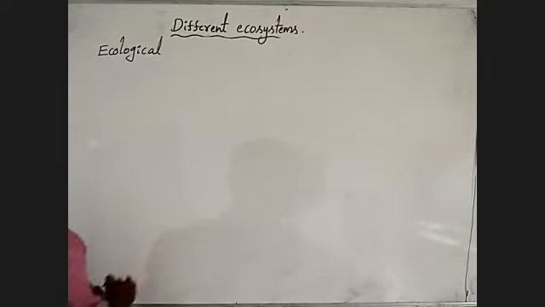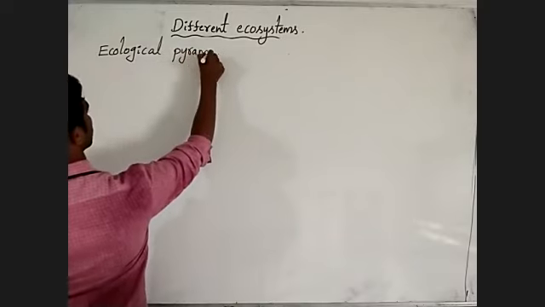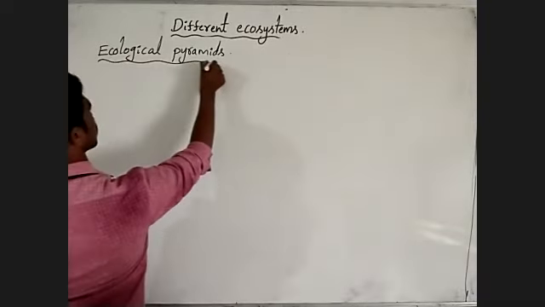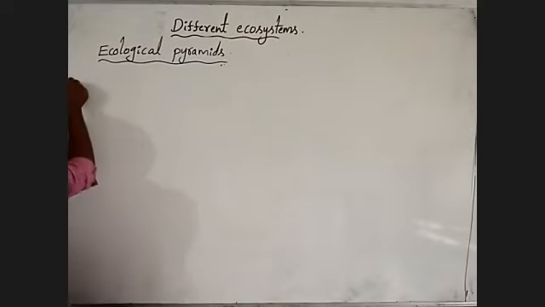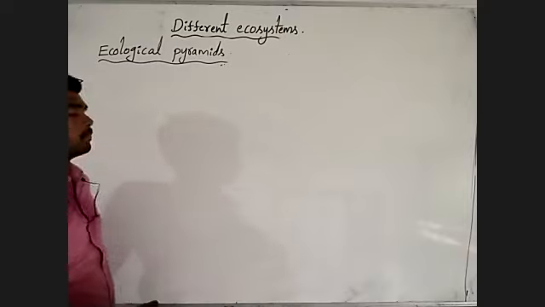Ecological pyramid. Ecological pyramid. This is another method to explain the relationship of different types of trophic levels or organisms in an ecosystem.